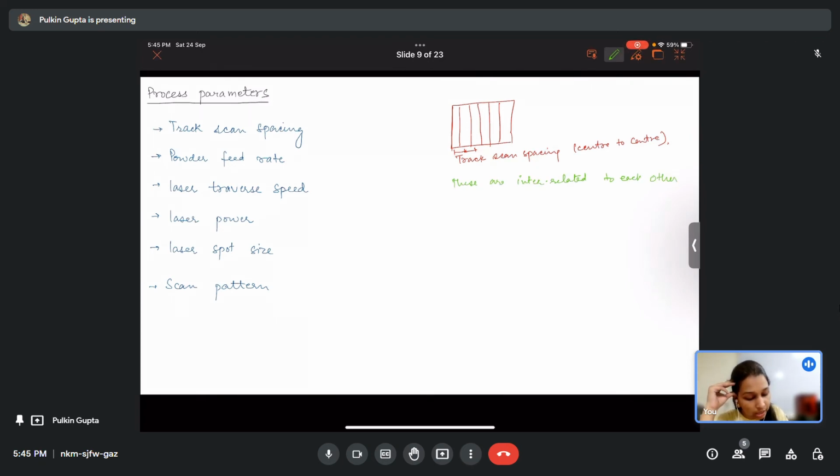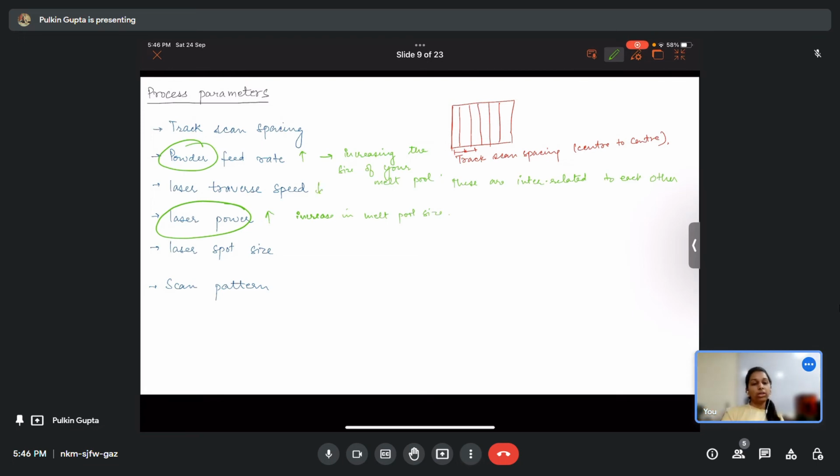So if you increase the laser power or the powder feed rate, this means you will have a larger amount of powder, and increasing the laser power means increasing your energy density, therefore the size of your melt pool will increase. Okay, increase in melt pool size.